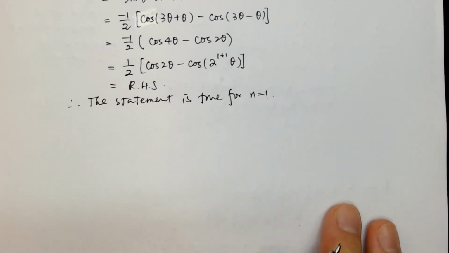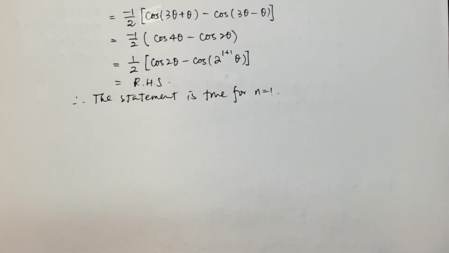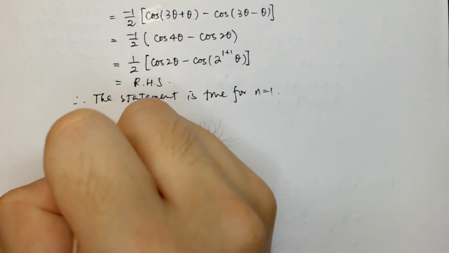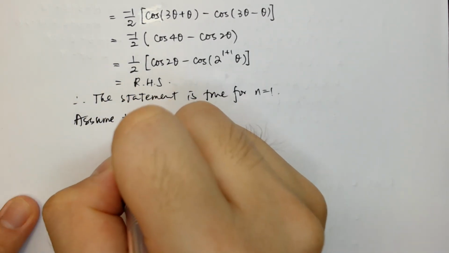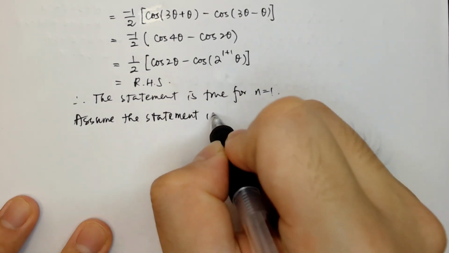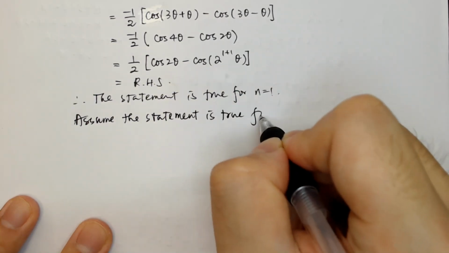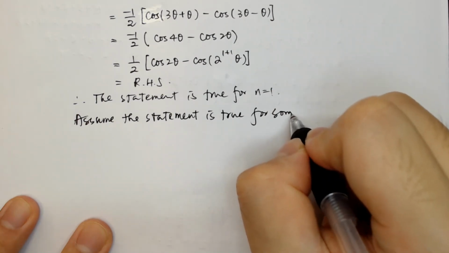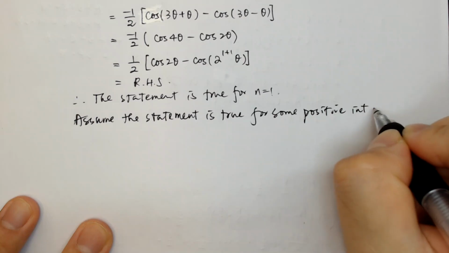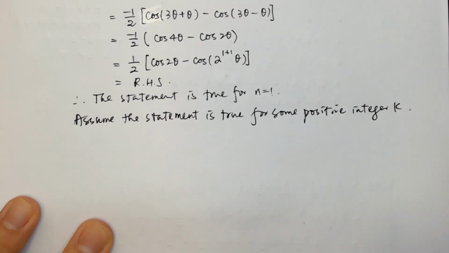Second part, you need to assume the case is true for n equals k. So we assume the statement is true for some positive integer k.